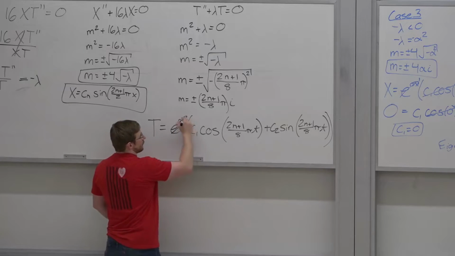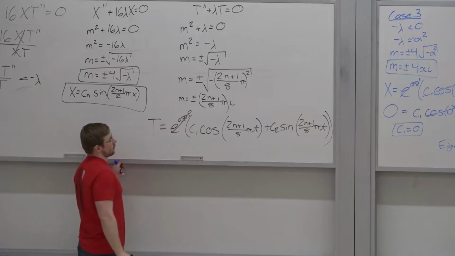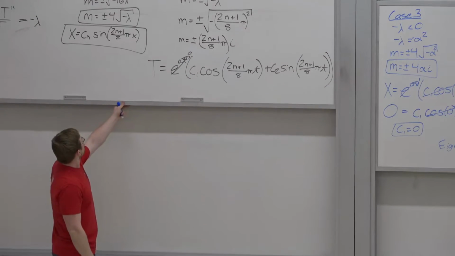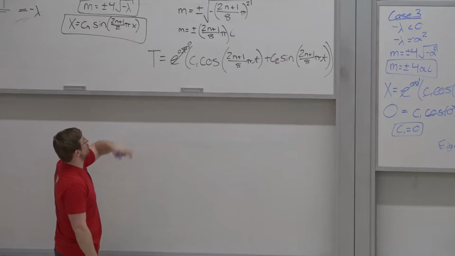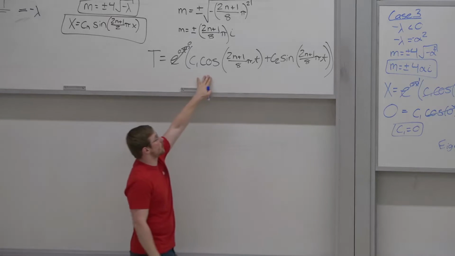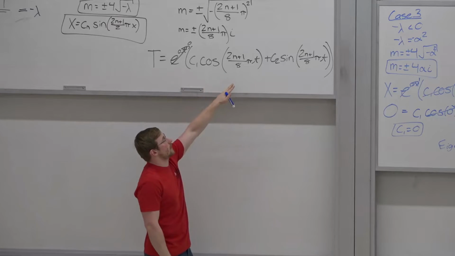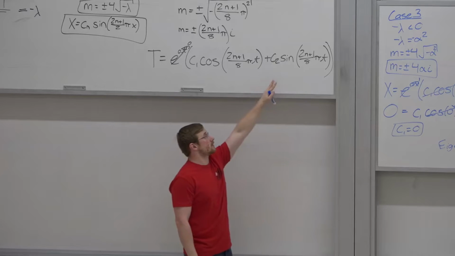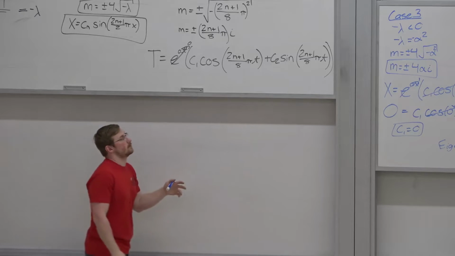So I know, again, my e to the 0t is going to go to 0, and I'm left with this function of t that's a little bit long. I'll just leave it there. But we have C1 cosine of (2n+1)/8 π times t, plus C2 sine of (2n+1)/8 π times t.